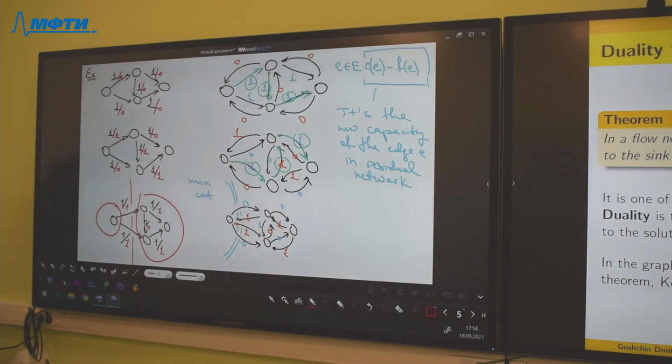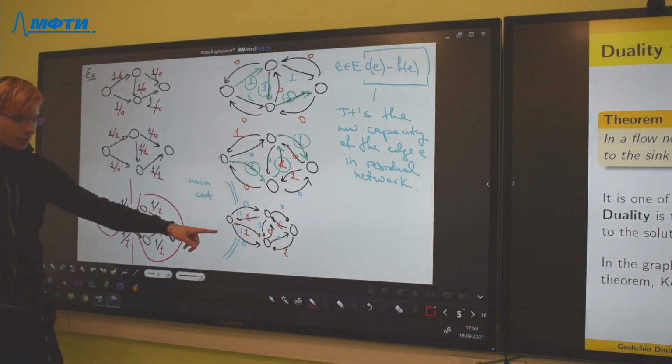And we say that if we have a flow network with maximal flow, then the minimal cut of this network we can build by connectedness of the residual network.